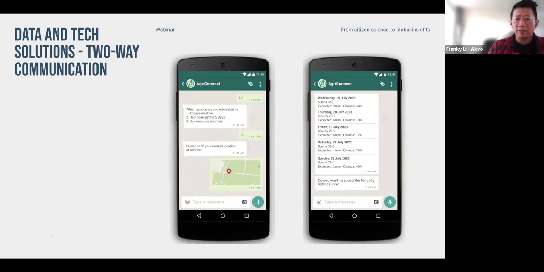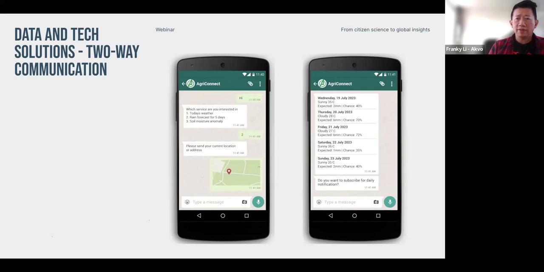For example, it could be alerts related to extreme climate events, or alerts about the availability of water sources close to the location.